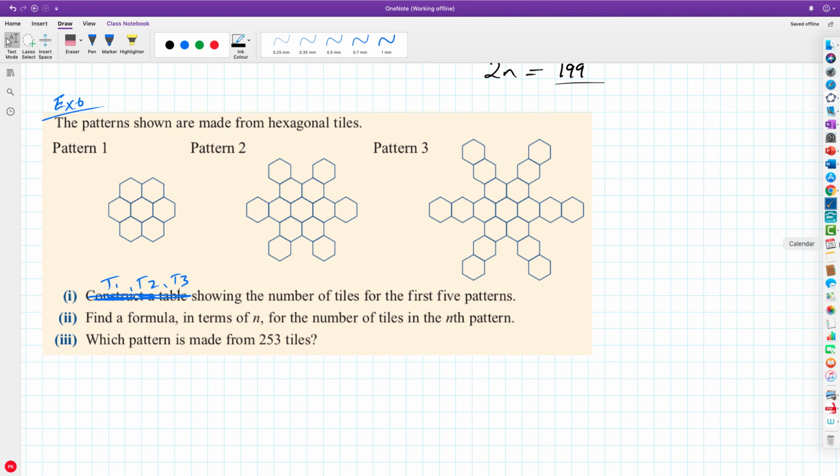So then determine how many are in T4 and T5, write out the formula and see if you can figure out the last one. You always have to find T0 if you're looking for that.